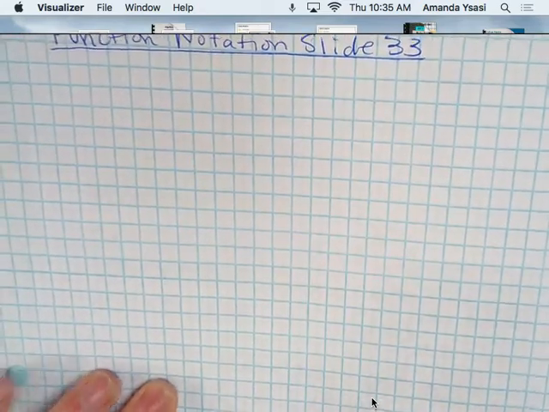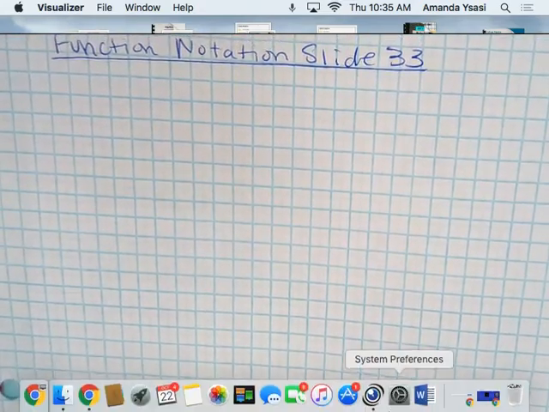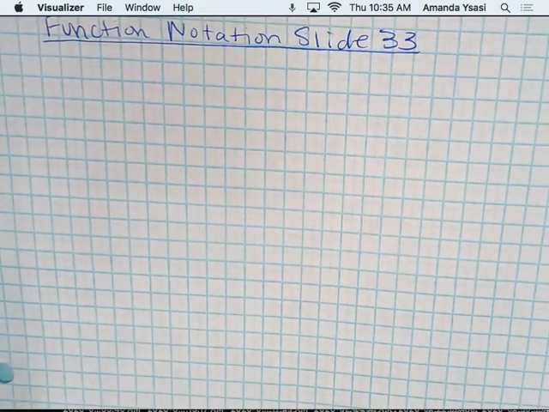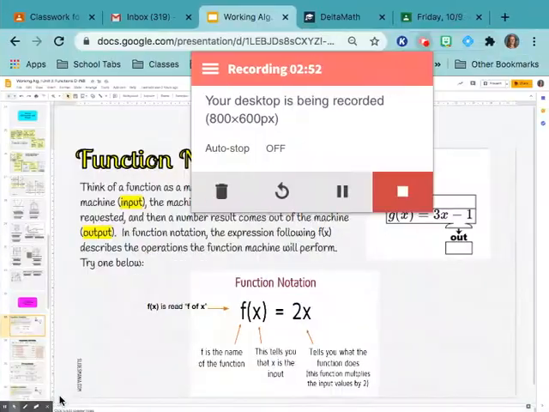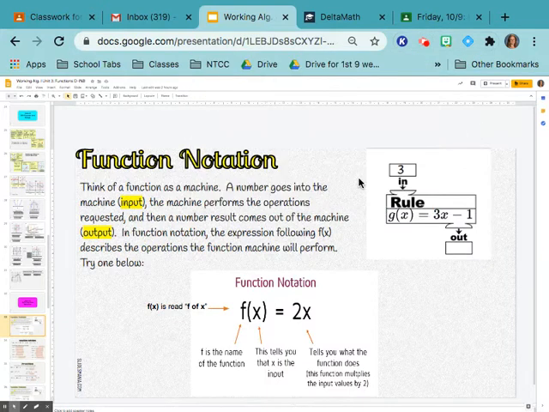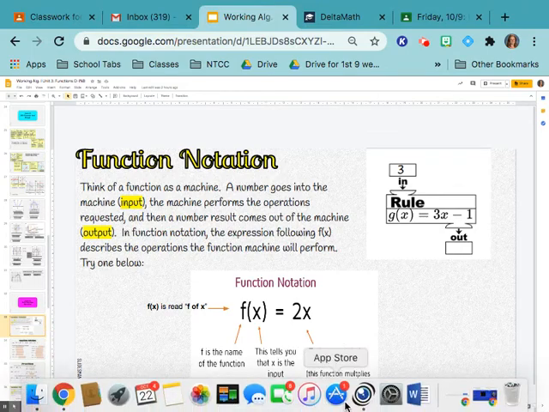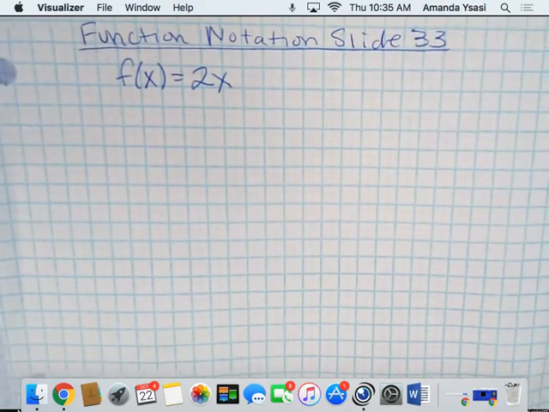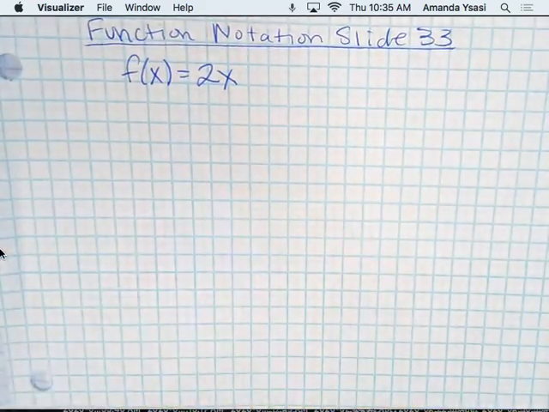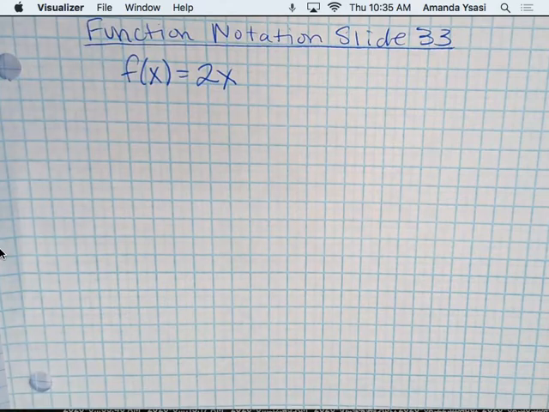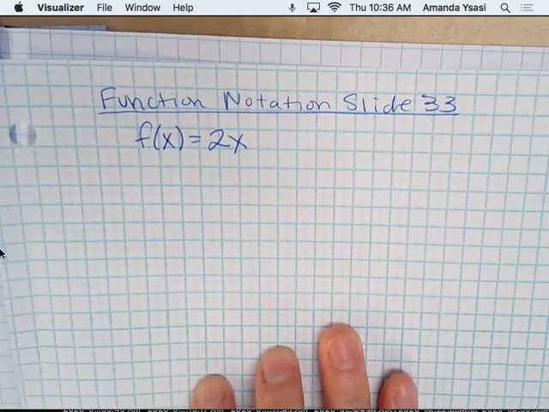Okay, so function notation. Let's look at what the function is. That first function was, let me pull it up, f of x equals 2x. So if we have f of x equals 2x, then that means I'm going to input a number for x, and the output is going to be 2 times whatever the input is.